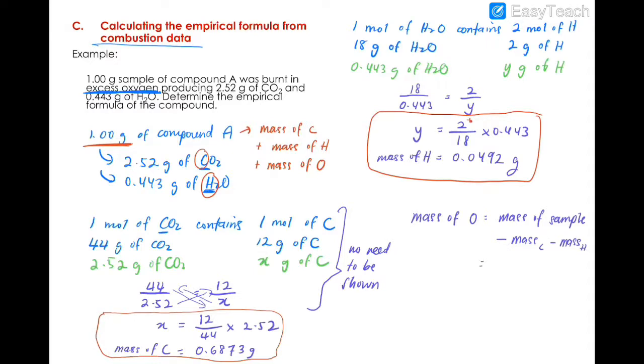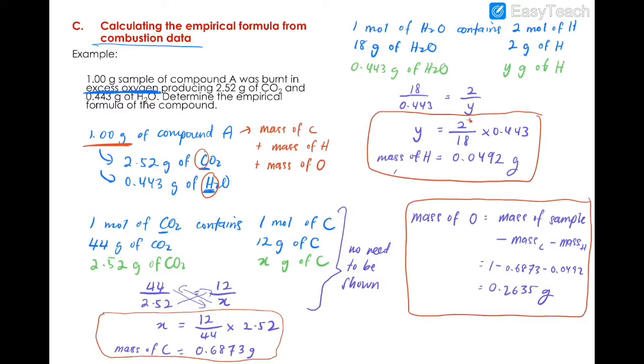So kamu akan dapat 1 tolak 0.6873 tolak 0.0492. So you get 0.2635 gram. Okay, so ini satu lagi elemen yang ada dalam kita punya compound A.